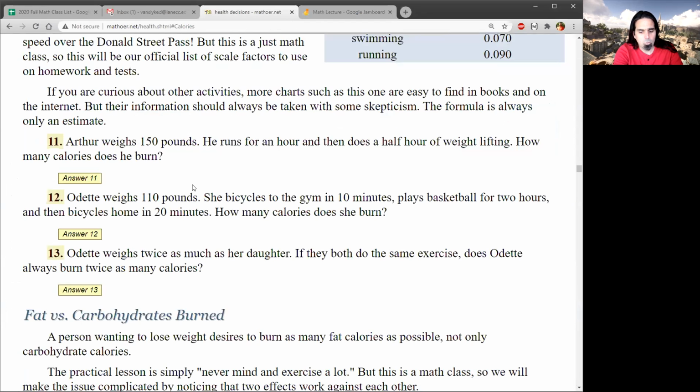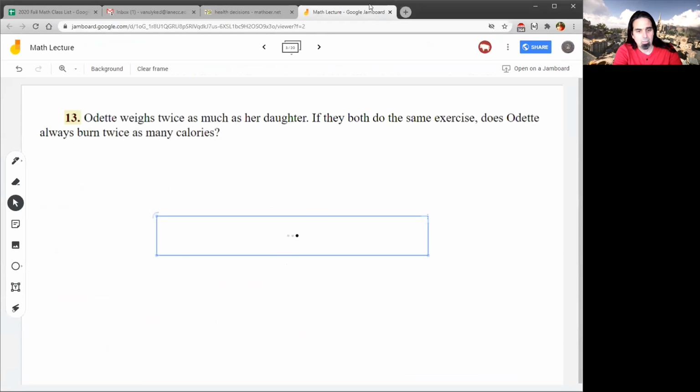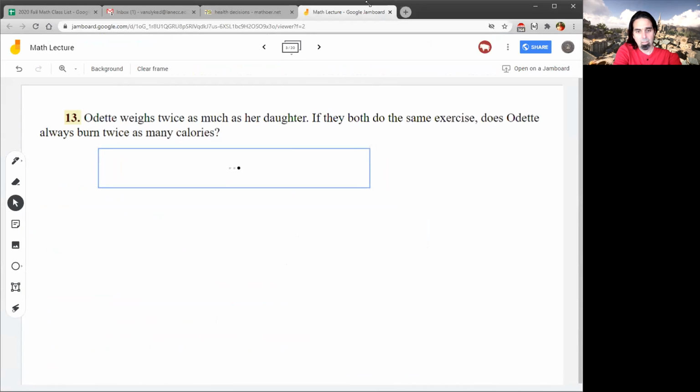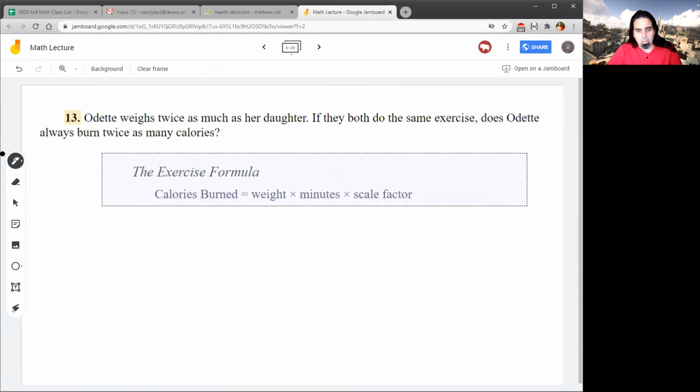Go back to our formula. If their minutes are the same, and they're doing the same sort of exercise, so that's the same, and we're taking the weight and doubling it, is that always going to double the answer?